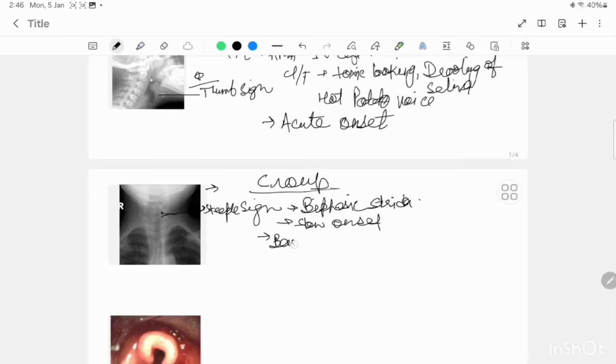Here there is a barking cough or seal-like cough. X-ray shows the steeple sign, also called the pencil tip sign.